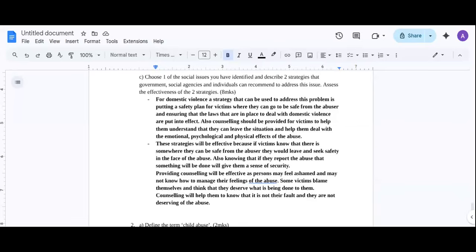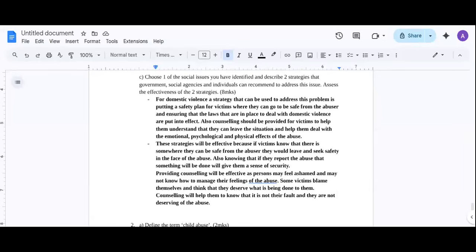Also, counseling should be provided for victims to help them understand that they can leave the situation and help them deal with the emotional, psychological, and physical effects of the abuse. So, if you notice there, the strategies that I would have suggested could be from either government, social agencies, and individuals. It puts all of them in general in a nutshell.